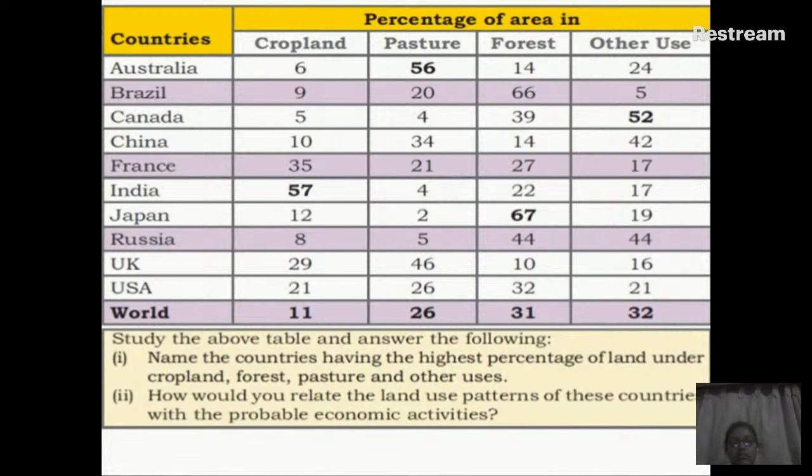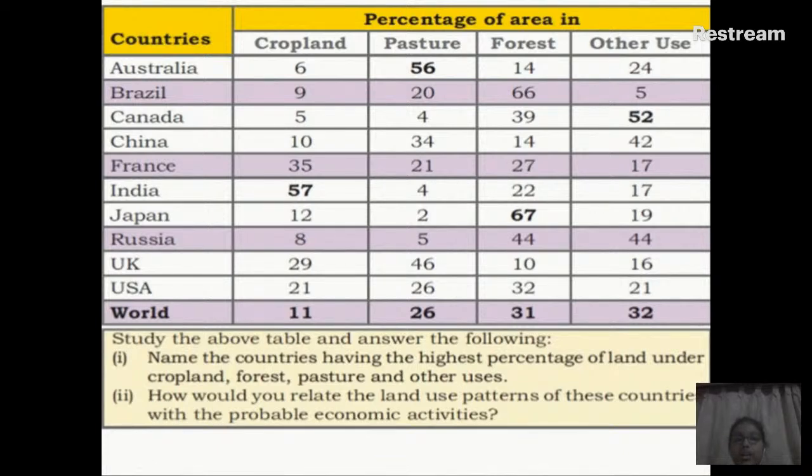China has 10 cropland, 34 pasture, 14 forest, and 42 other use. Next, France has 35 cropland, 21 pasture, 27 forest, and 17 other uses.